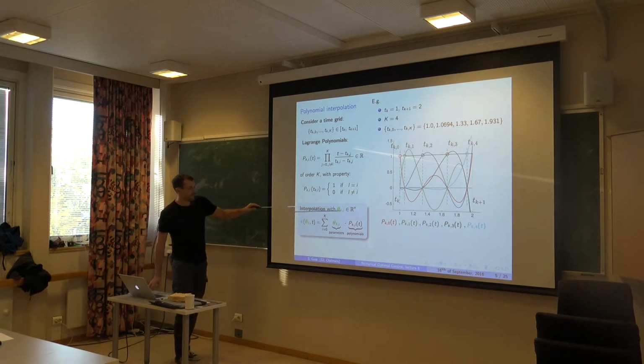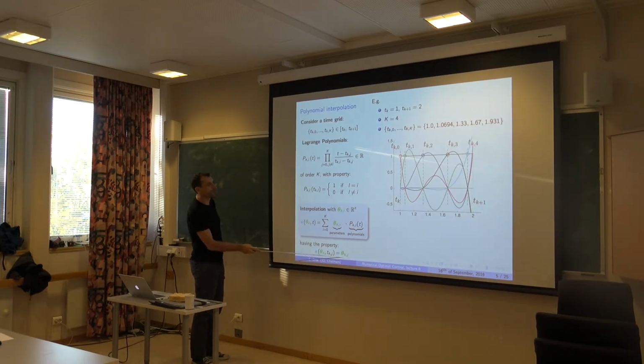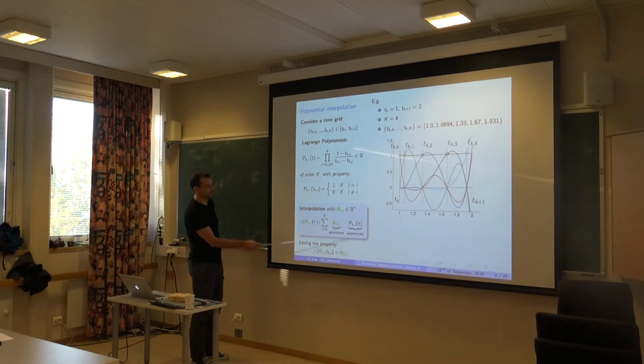If you think for a second, because of this property up here, this interpolation is essentially a curve in time, but on the specific checkpoints, it will actually go through the parameters we choose, just because on a T_kj, these polynomials will be all 0 but 1, and the one that matches theta_kj.